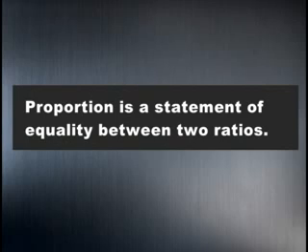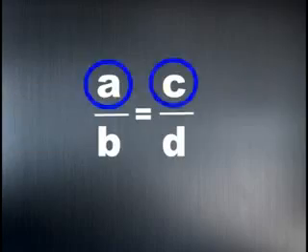The amount of money we pay per minute when we make a phone call is also considered as rate, isn't it? Yes, Sam, that is correct. Now let's look at the definition of proportion now. Proportion is a statement of equality between two ratios. Four quantities A, B, C, D are said to be in proportion if A over B equals C over D.